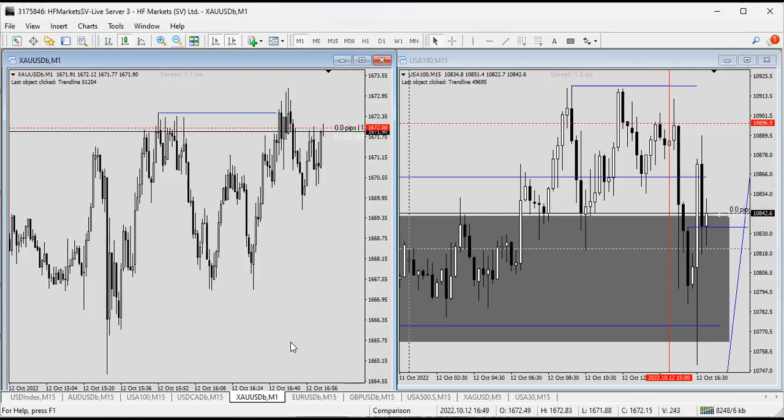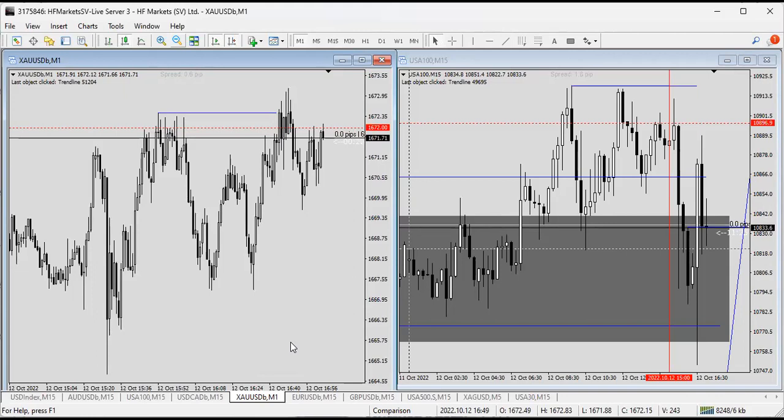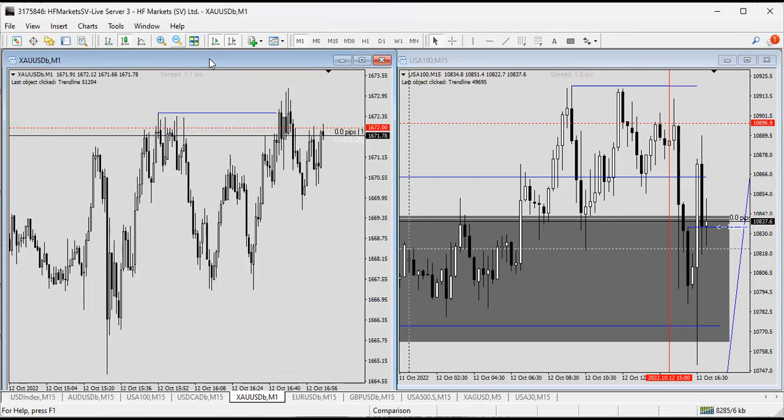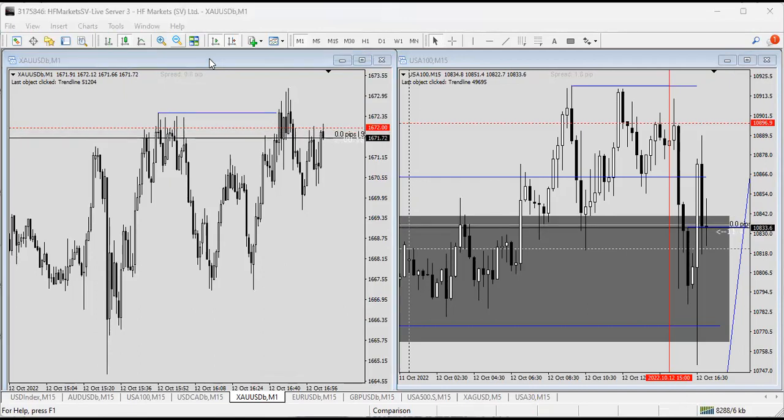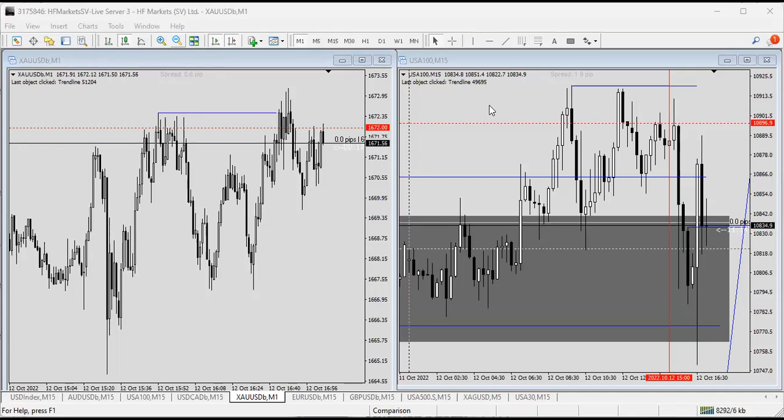Gold is playing with my emotions, guys. Every time I open the chart, it's not at my entry, but whenever I look away, it's there.